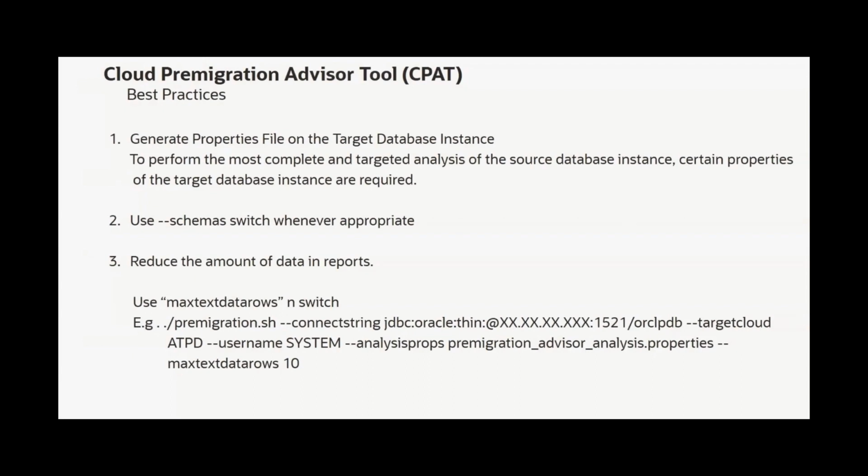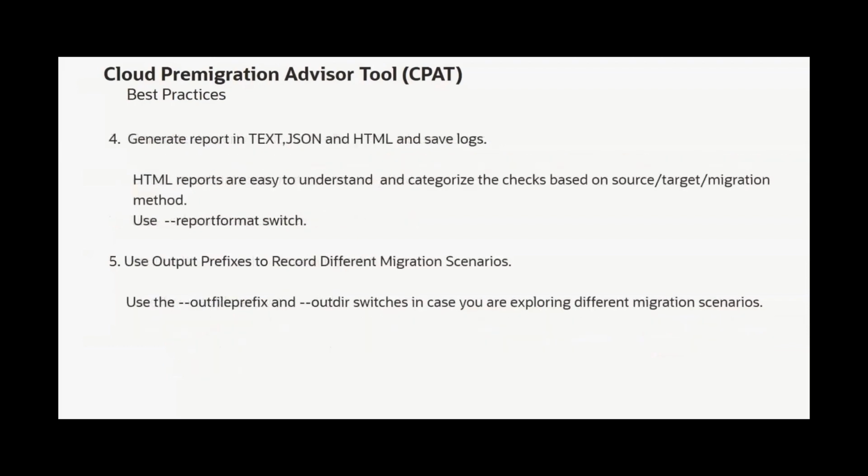Sometimes CPAT reports can become huge simply because one of the checks has listed all the impacted objects, which might be in the thousands. In this case, we can limit the amount of data in the CPAT report using the max text data rows switch. Use this wisely and only when required. It is recommended to generate the output in text and JSON.